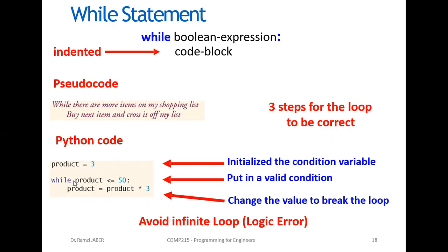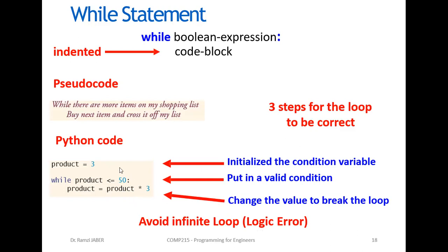Then, if it's true, make some action, and then you must change the variable, to avoid an infinite loop, which is a logic error. It's not a syntax error. So change the value to break the loop: plus 1, minus 1, whatever. You put an equation here to make it false after n number of loops.